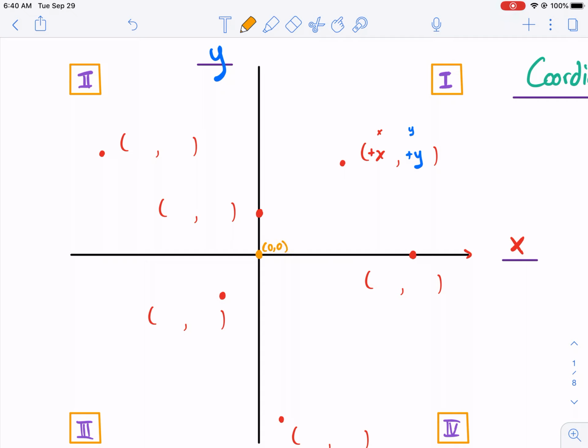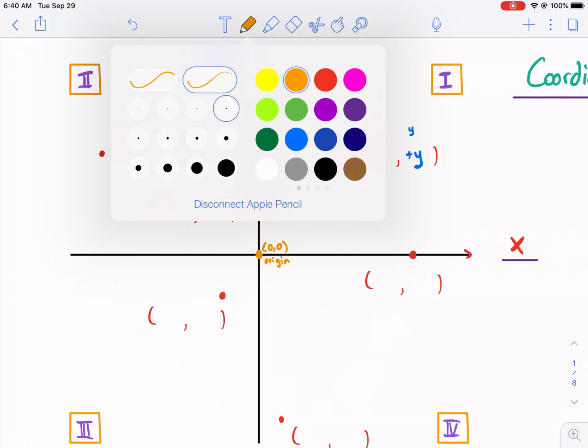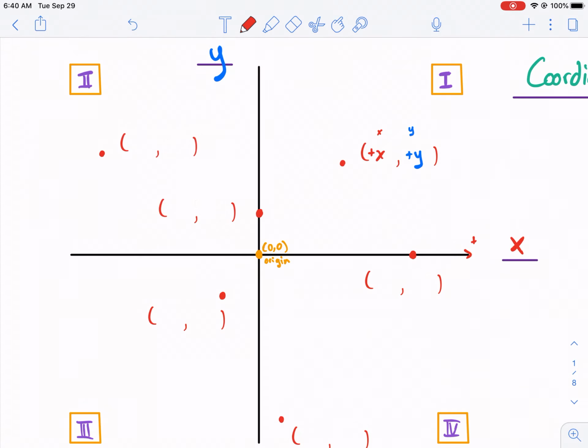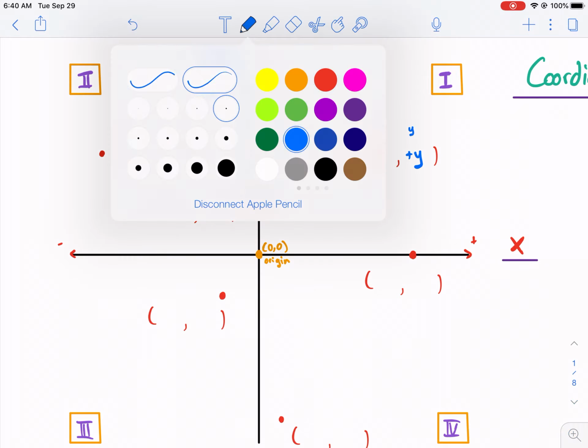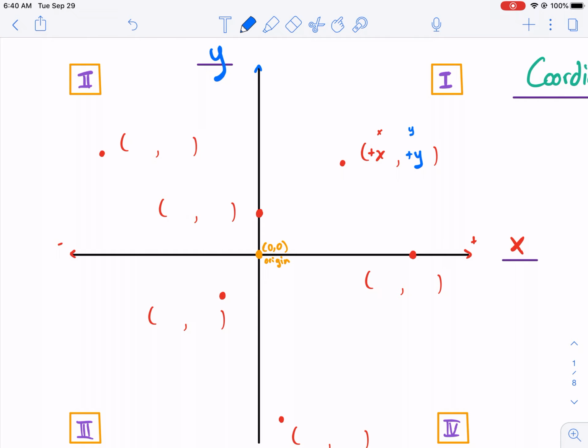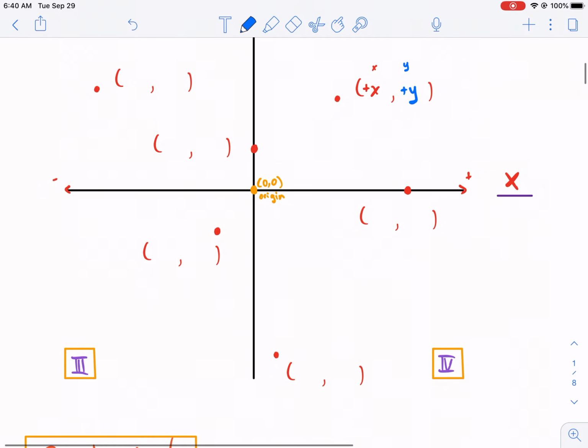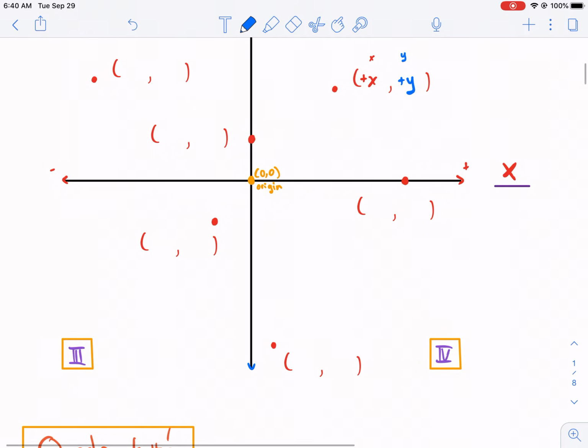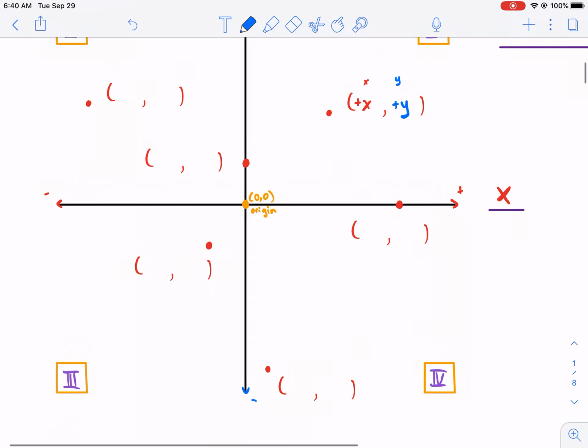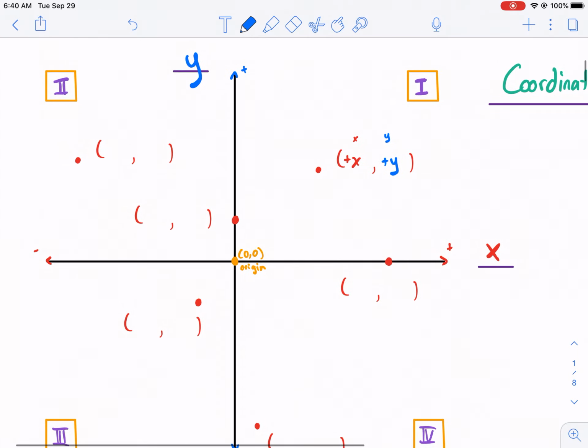Think origin, that's the start. Anything to the right is positive, and anything to the left is negative when it comes to the x-axis. Consequently, anything above the origin is positive, and anything below is negative. So we have our negative and positive directions, and using this, we can label all the points.